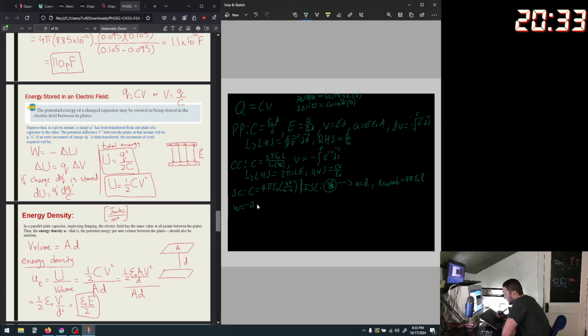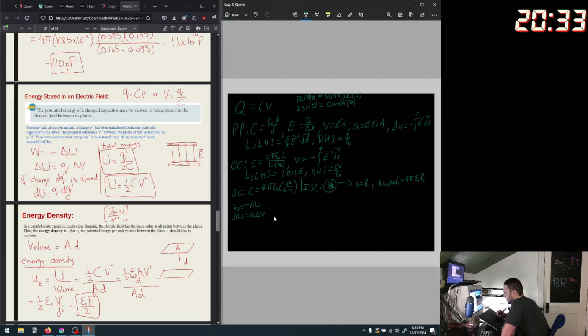W equals negative change in U. Change in U equals Q change in V. Okay.